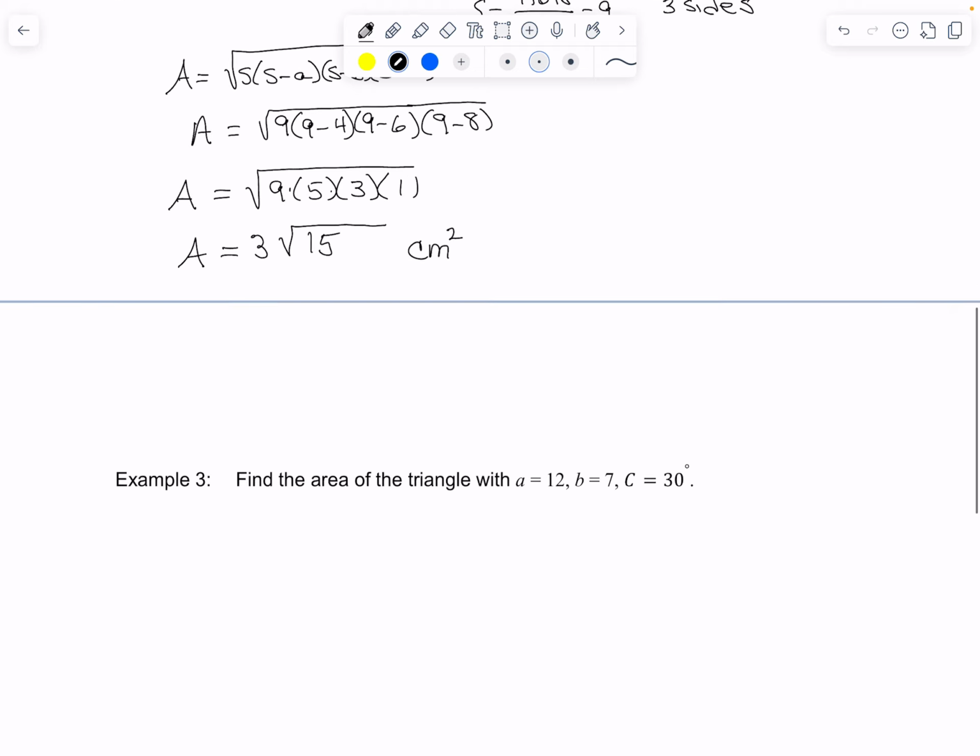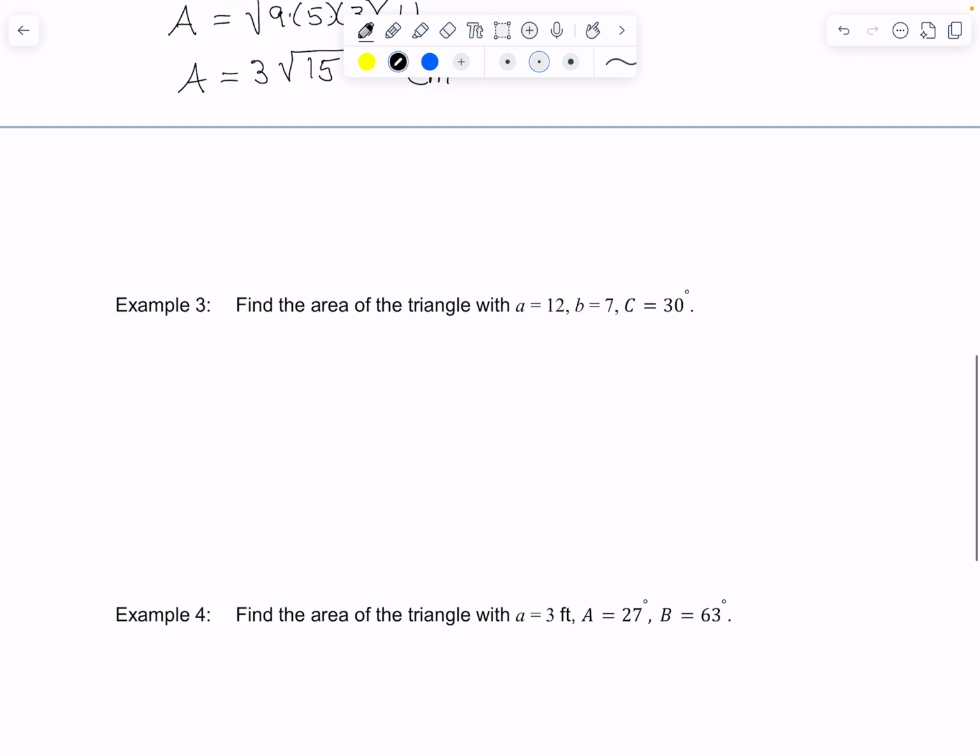Next step, for example 3, find the area of the triangle with side A being 12, side B being 7, and angle C being 30 degrees. Well, I have two sides, and the angle that they give me is not the same letter as the two sides.